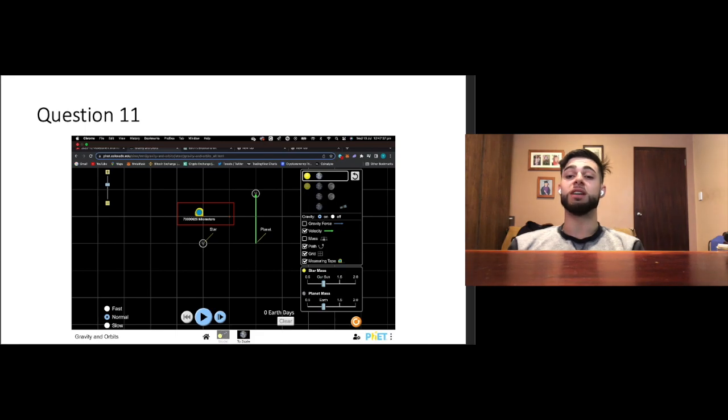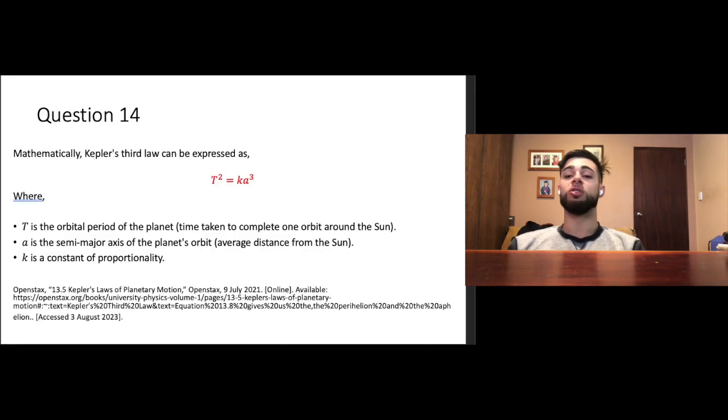For question 14, Kepler's third law, also known as the law of harmonies, states that the square of the orbital period of a planet is directly proportional to the cube of its semi-major axis, otherwise known as the average distance from the Sun. In this law, T squared represents the orbital period squared, and a cubed represents the semi-major axis cubed.